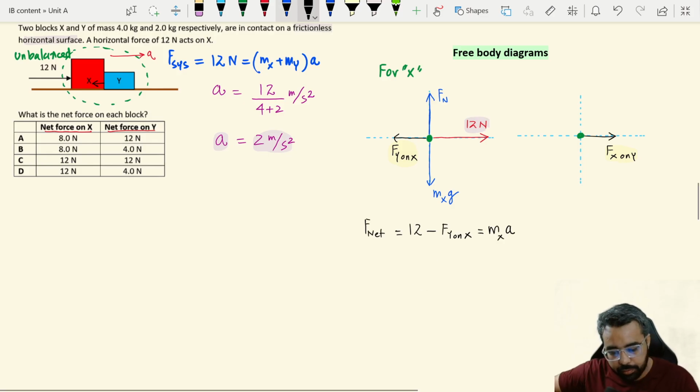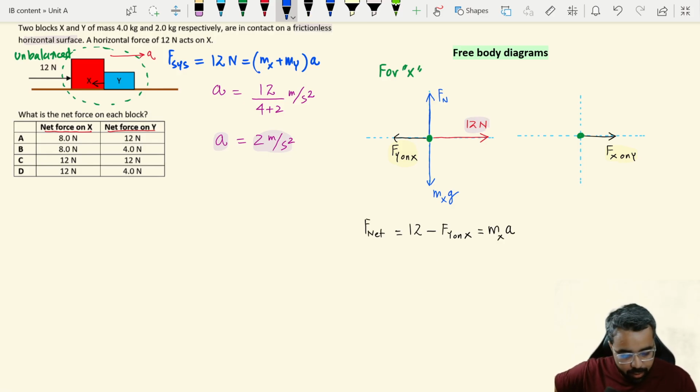Let's complete the free body diagram for y. I'm drawing a smaller arrow upward and downward because its mass is small. So myg, the weight of y, is less than the weight of x. That's why the smaller arrow. And this is the normal force. Once again, the normal force and the weight balance each other.